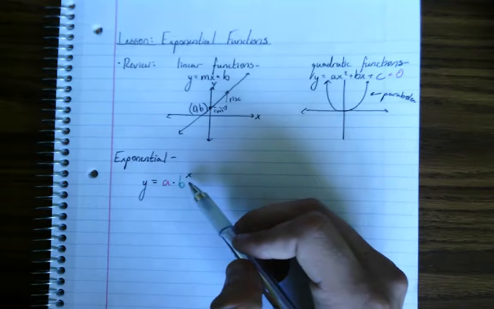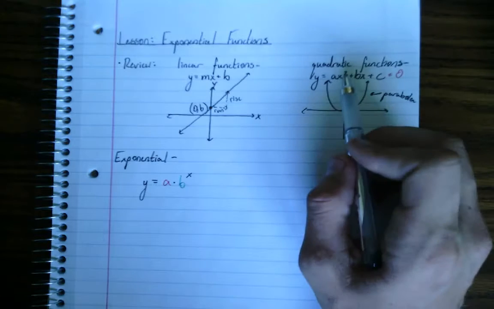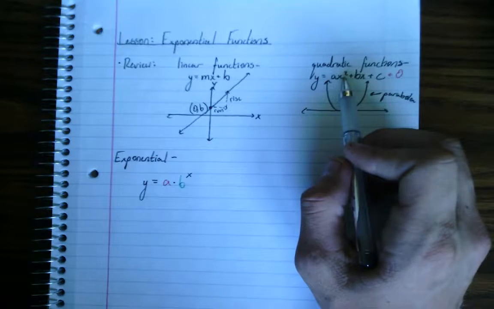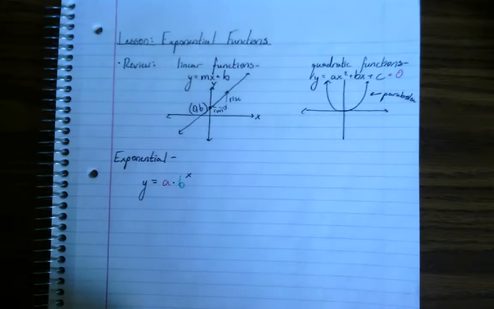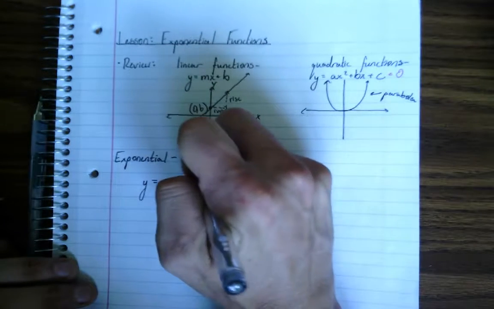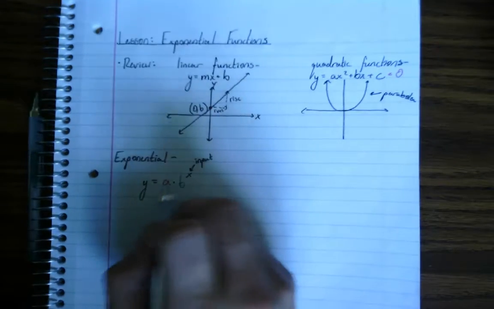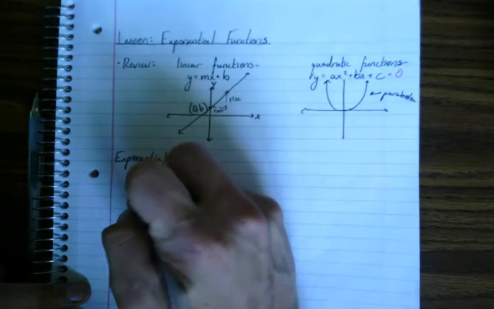I want to be clear though, a quadratic function is not an exponential function. Notice how the exponent here, the leading exponent, is 2, but here we have x. Big difference. So just the different parts of it, I told you that the x was our input for our rule. We go through these, we raise our b to that input, multiply it by a, and we get our output.